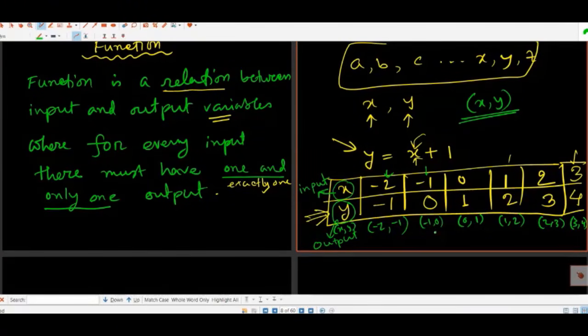So this is how we can go on. At first, we are writing X values, then we are keeping Y values. So this is called an ordered pair.